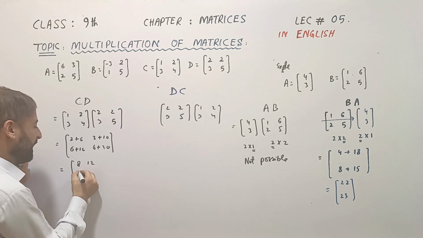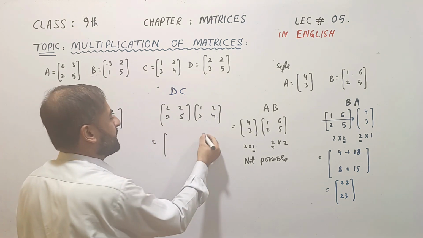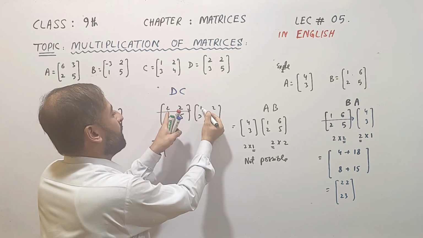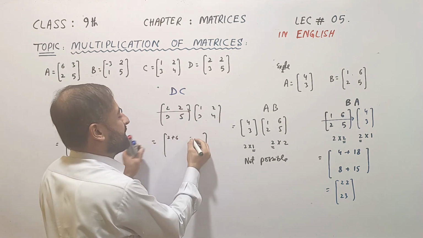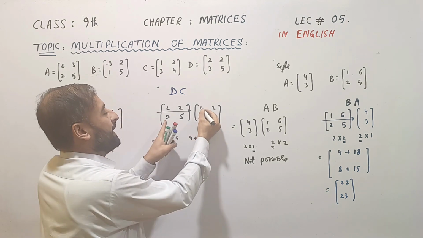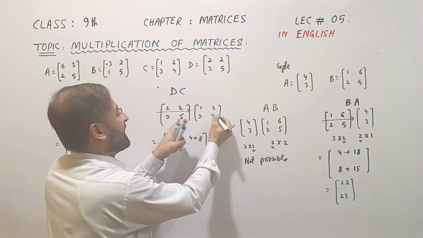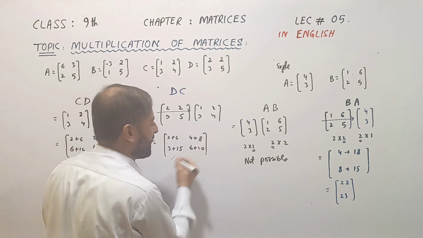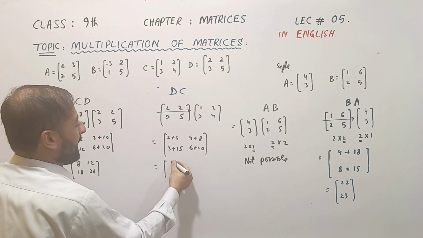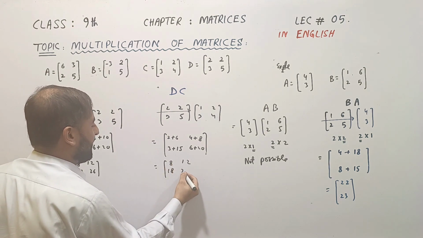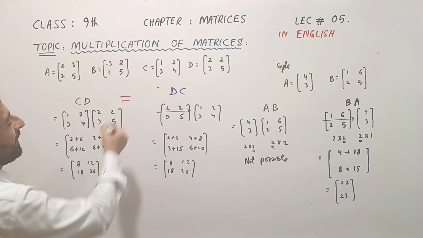That gives 8, 12, 18, 26. DC: first row, first column, 2 plus 6, then 4 plus 8, then 3 plus 15, last one 6 plus 20. Okay, so you got 8, 12, 18, 26. You can clearly see that they are equal.